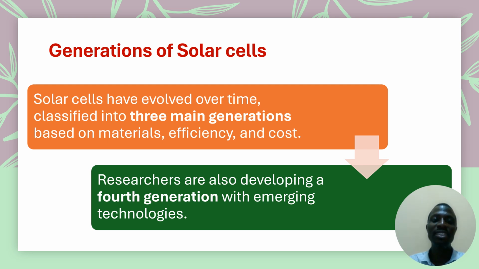However, we'll classify them into three main generations based on materials, efficiency, and cost. Researchers are also developing a fourth and fifth generation with emerging technologies. However, these are not yet stable. They are still under development. So our attention shall be focused primarily on the three main generations.